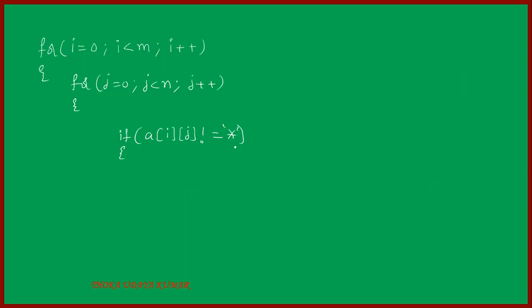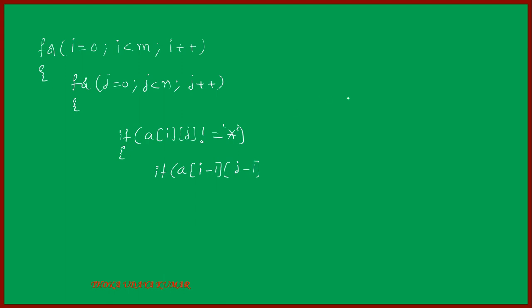If A of i j is not equal to star, then if A of i minus 1, I am going to see the before row, and j minus 1, diagonally upside.